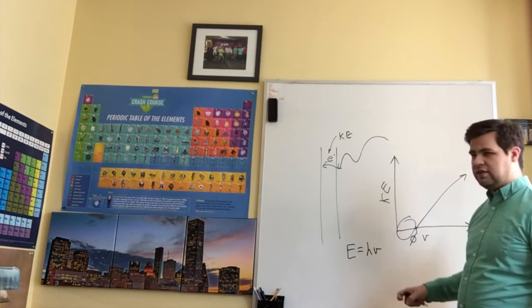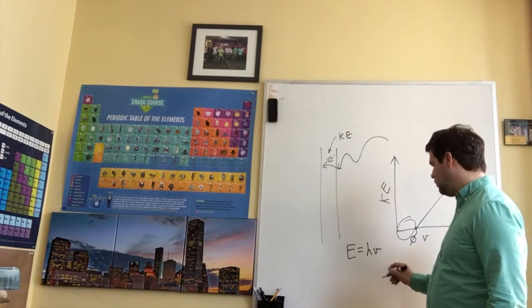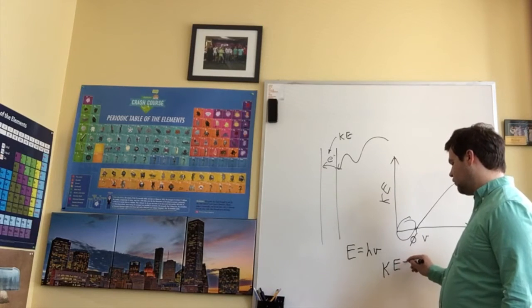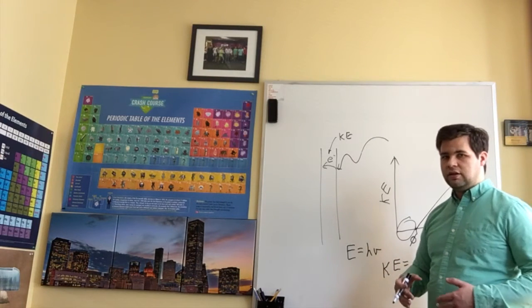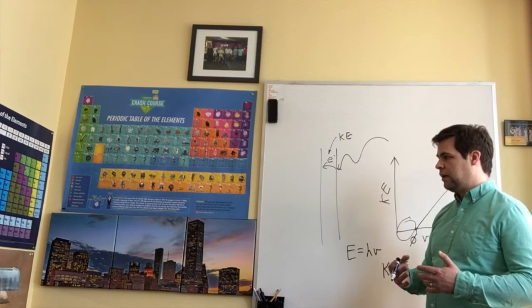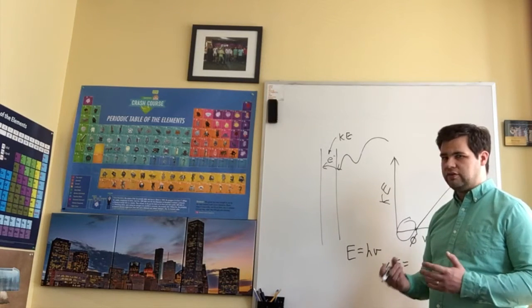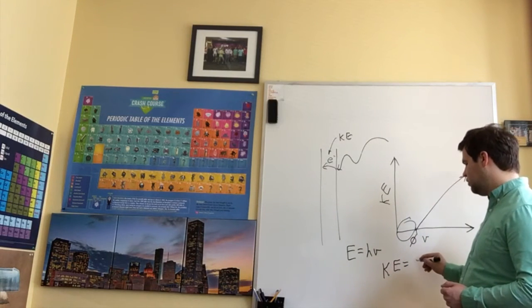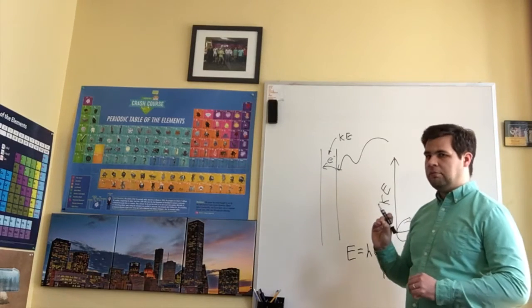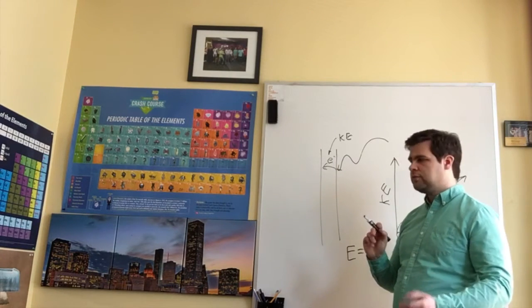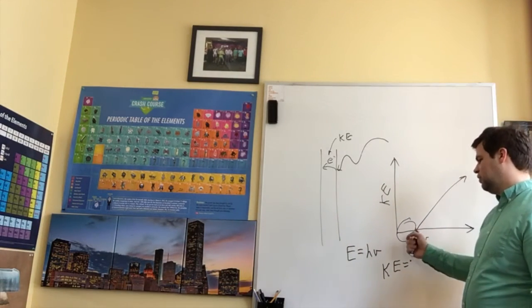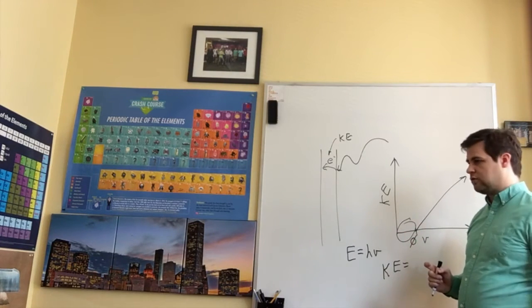h times nu is the energy, and if you think of the kinetic energy as whatever is left over, the light's energy basically goes into one of two places. It either goes towards making the kinetic energy larger, or it goes towards ejecting the electron in the first place.